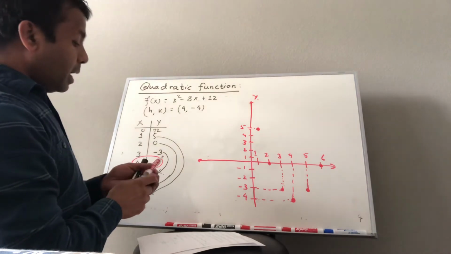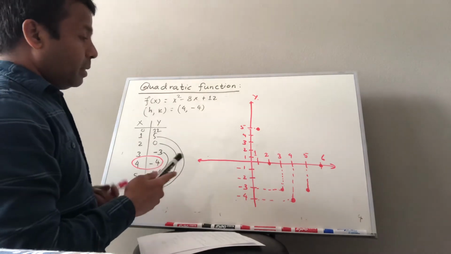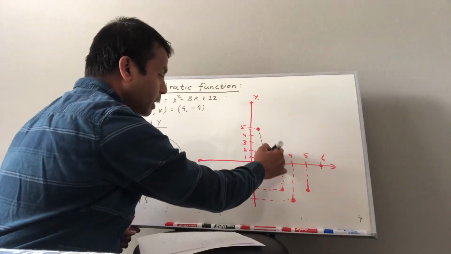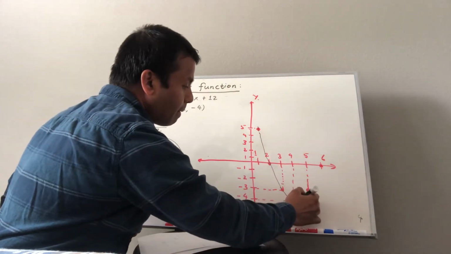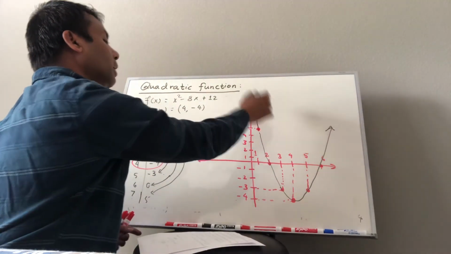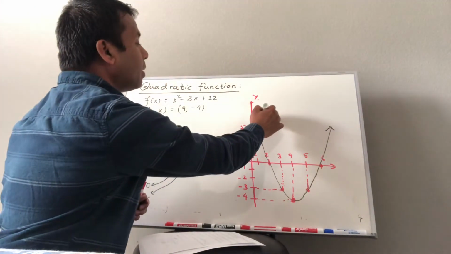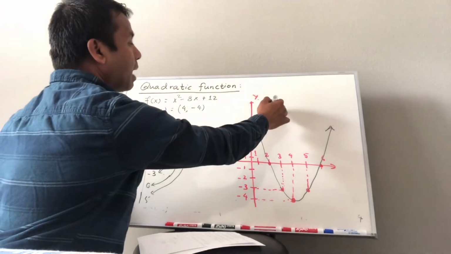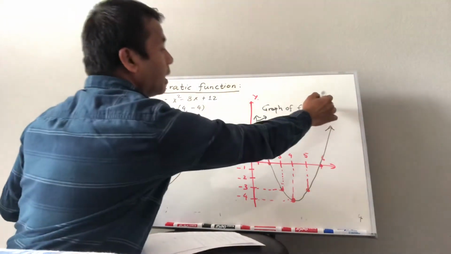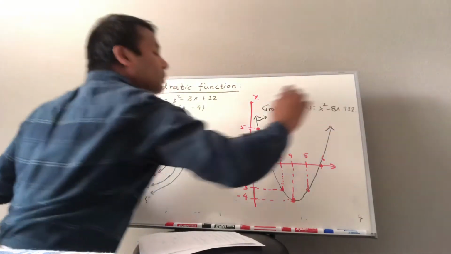And then if I want to join them, I will have this kind of graph. Okay, let me join it. This is your parabola. So this is the graph of the quadratic function f(x) equals x squared minus 8x plus 12, right?